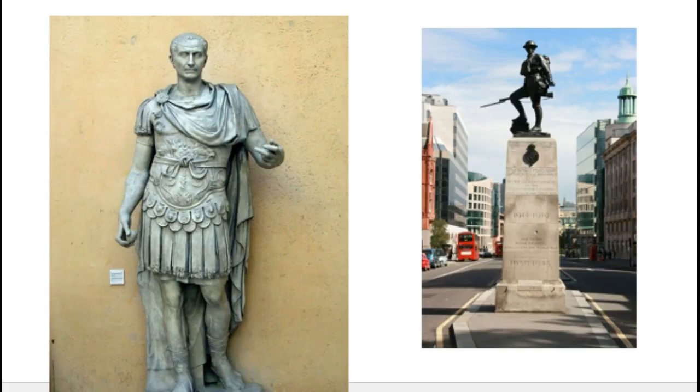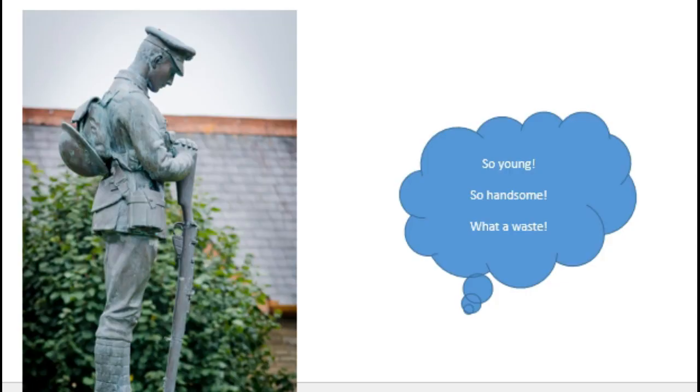Now, when we look at war memorials, we can see some common features. War memorials are often found in large or capital cities, partly because they will be seen by large numbers of people. It's also often symbolic, because symbolically important events are represented in important cities.